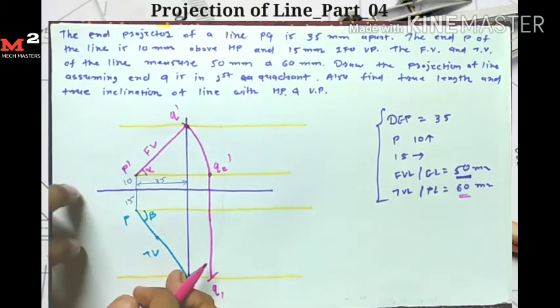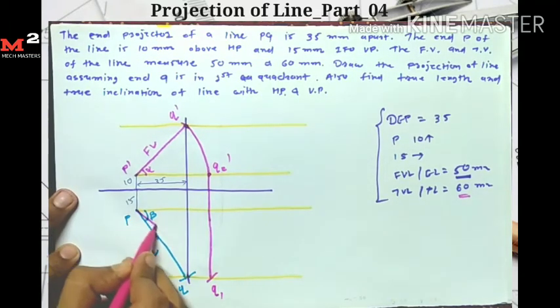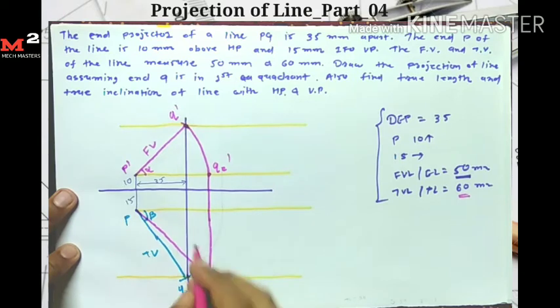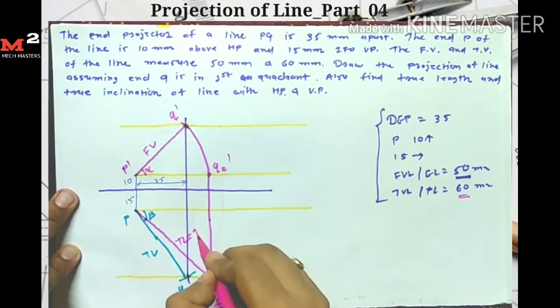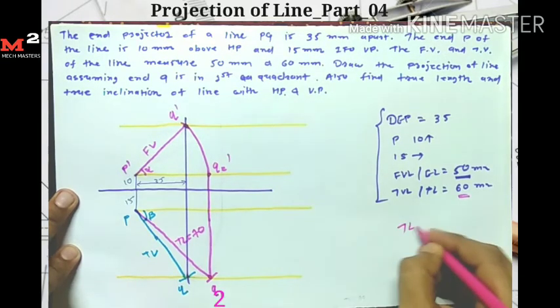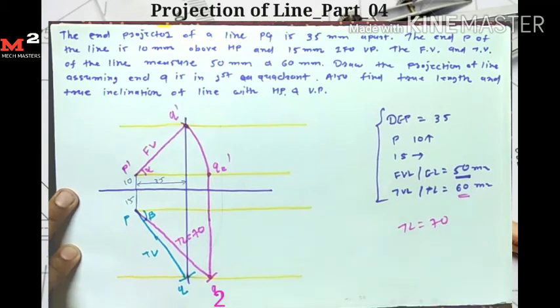Joining these points, I get my true length. If I measure the true length, it is equal to 70 mm.